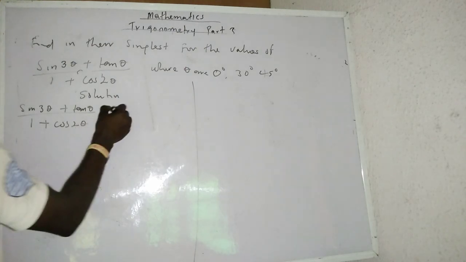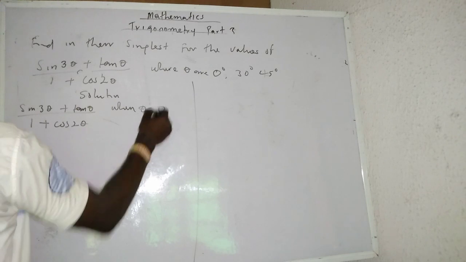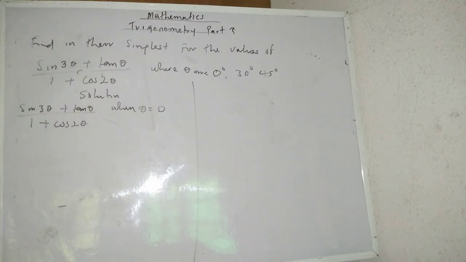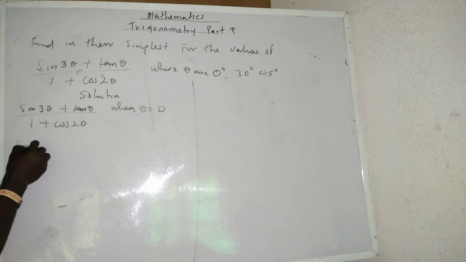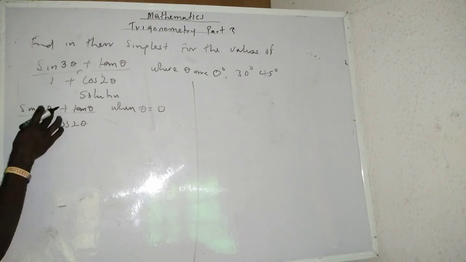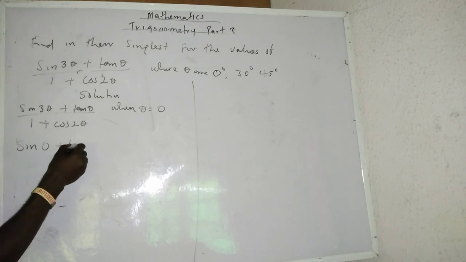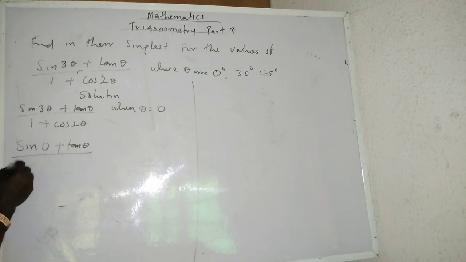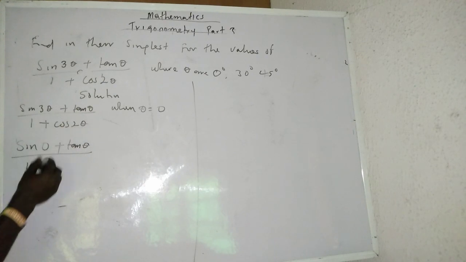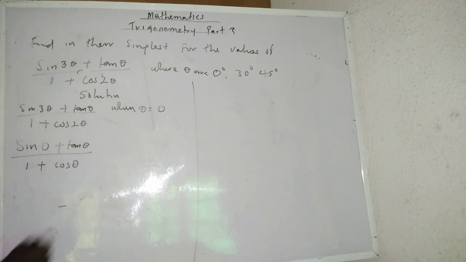When my theta equals 0, sine 0 is 0, so 3 times 0, plus tan 0, which is 0, divided by 1 plus cos 0. Sine 0 is 0, cos 0 is 1, tan 0 is also 0.